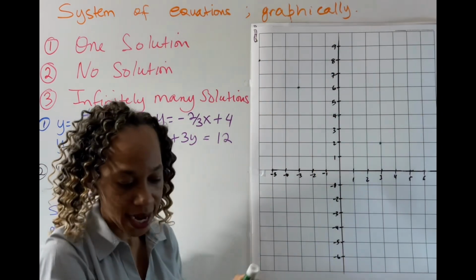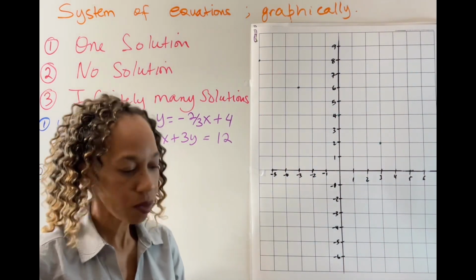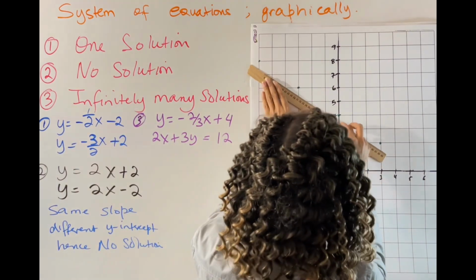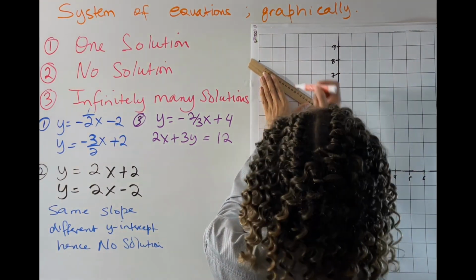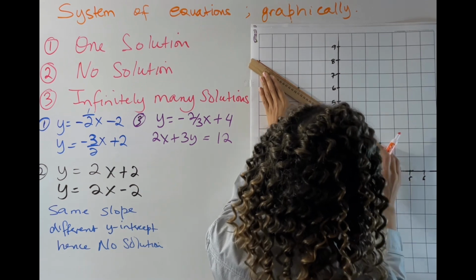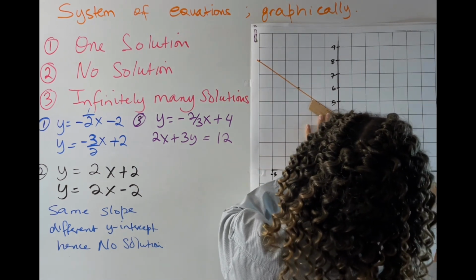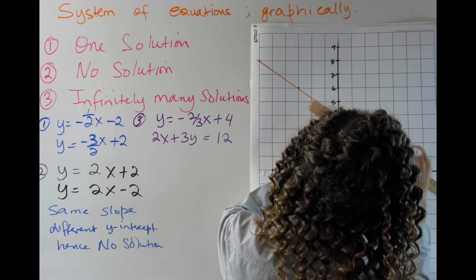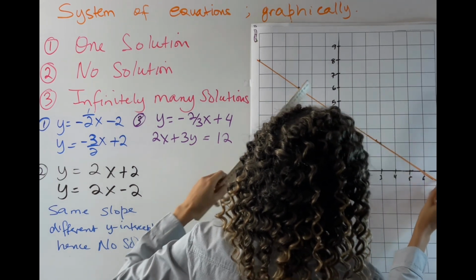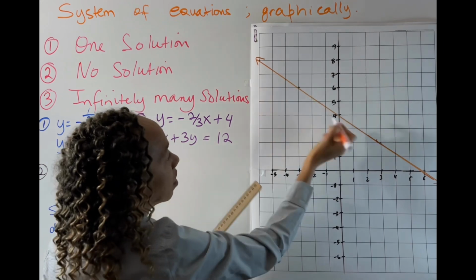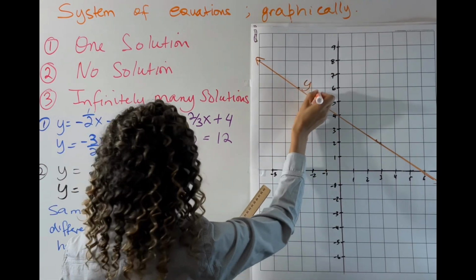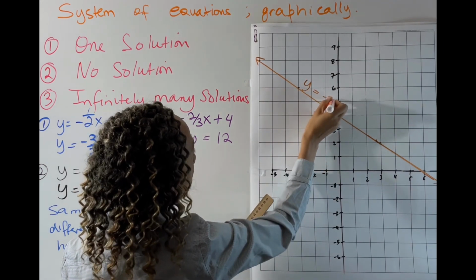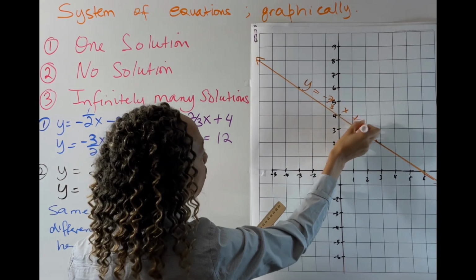And we are going to connect our points. Y equals negative 2/3 x plus 4.